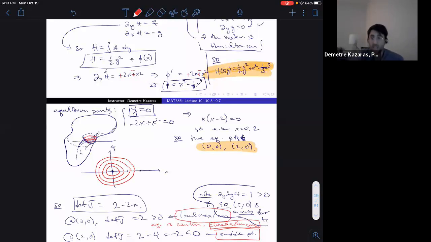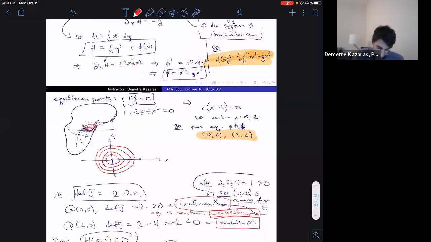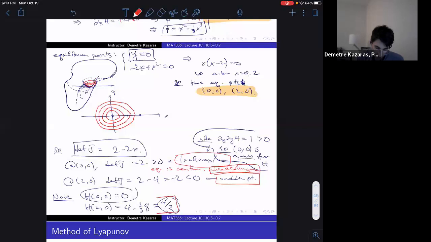And then an important thing happens, a critical thing happens at the level set corresponding to 4/3.